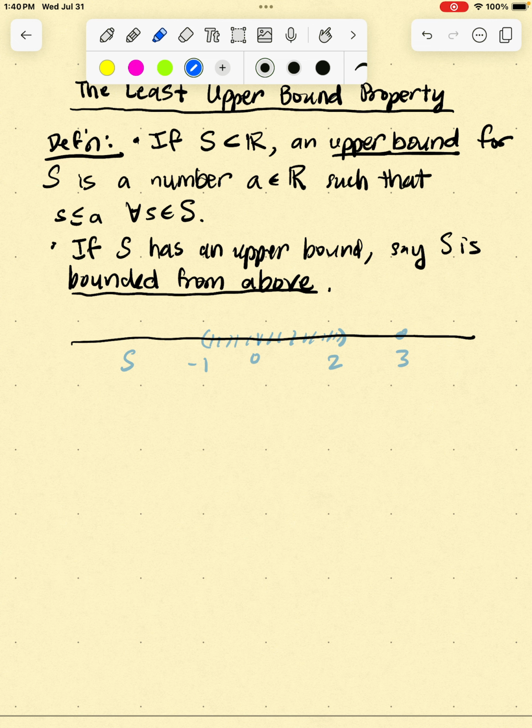If that's your set S, then an example of an upper bound would be any number that's greater than all the numbers in S, so that's every number that's greater than or equal to 3. So in this case, the upper bounds are all numbers greater than or equal to 3.